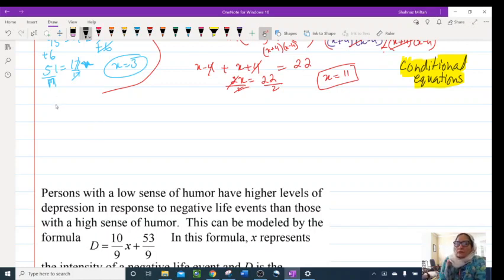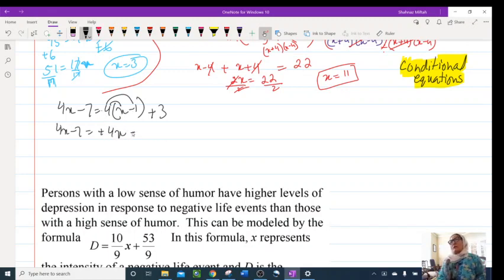Now let's say I have 4x minus 7 equal 4(x minus 1) plus 3. If I solve this, 4x minus 7 stays. I have to remove the parentheses, and I'm using the distributive property. Again, signs go first. Positive times positive is positive. 4 times x is 4x. Positive times negative is negative, and it's 4, plus 3.